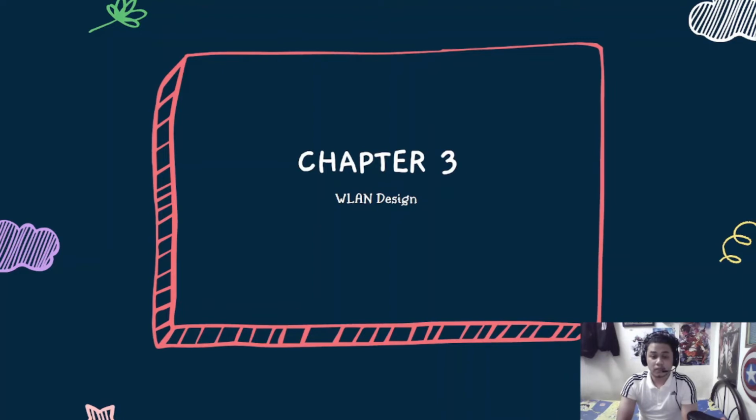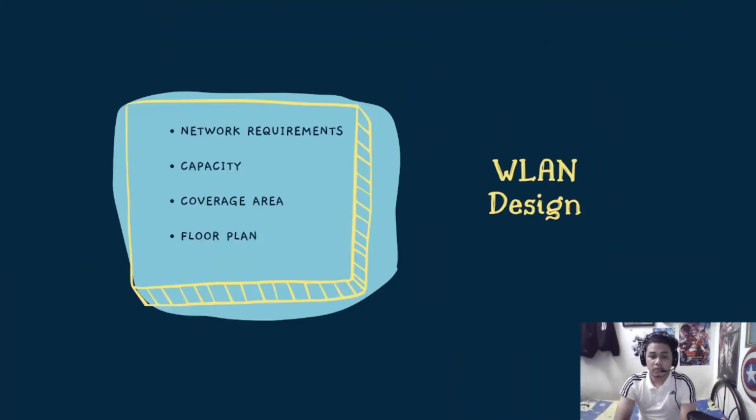In this chapter we briefly explain the VLAN design for the company network infrastructure. The explanation will include several aspects such as network requirement, device capacity, coverage area, floor plan, access point information, logical network diagram, and the special request and consideration.